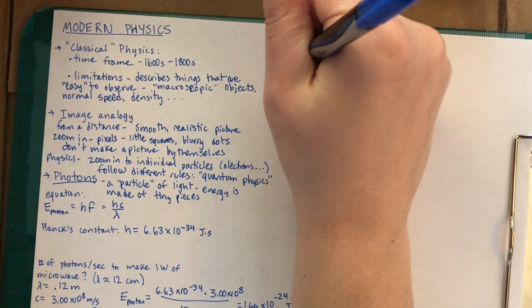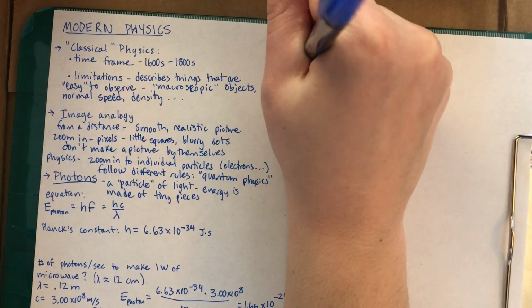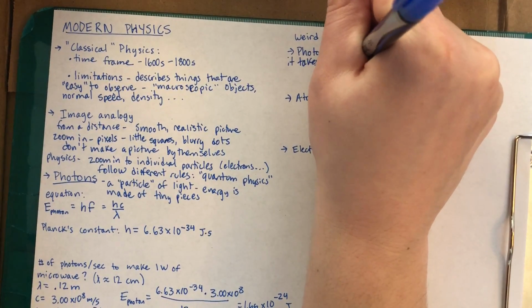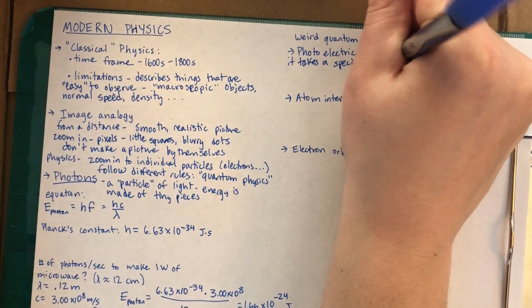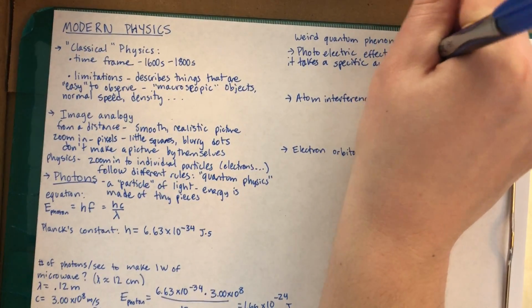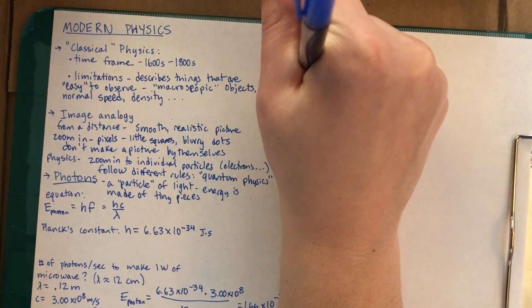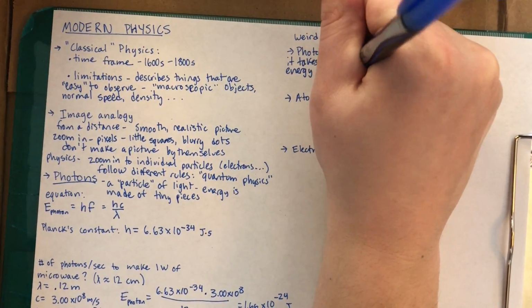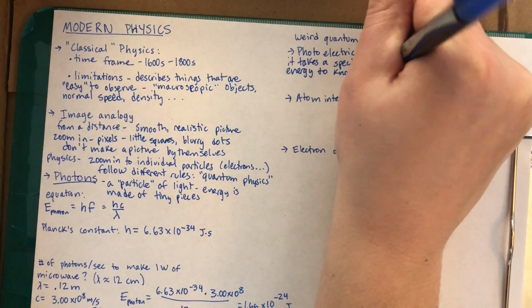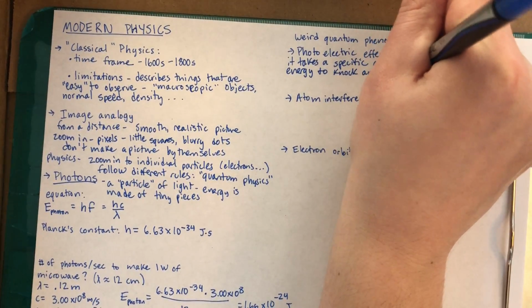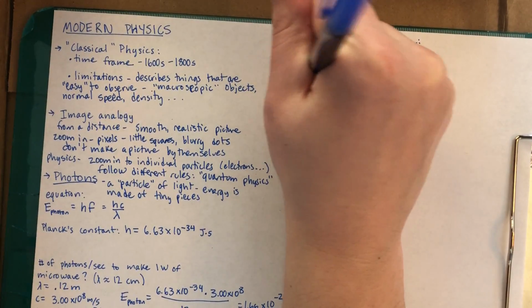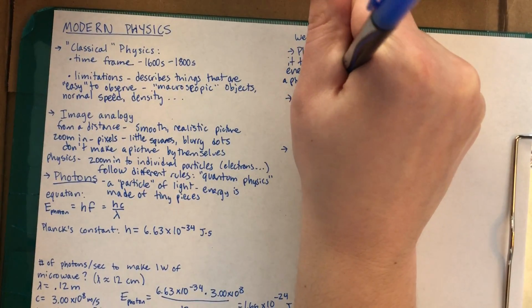It takes a specific amount of energy to knock an electron off a piece of metal.